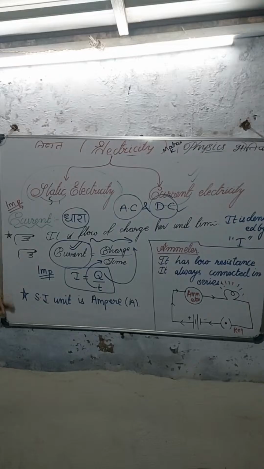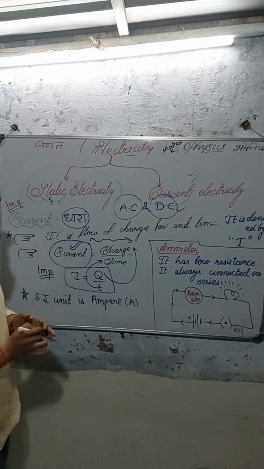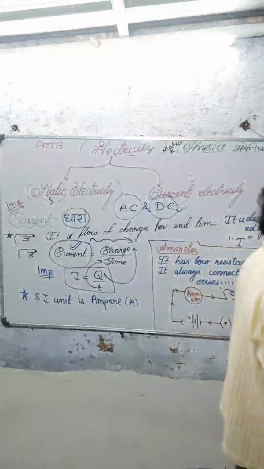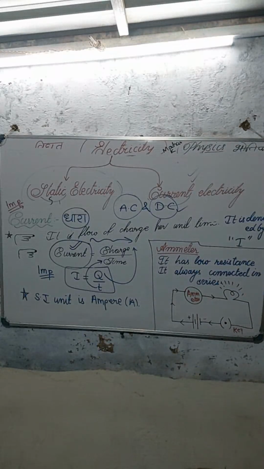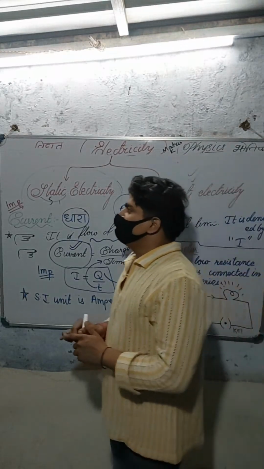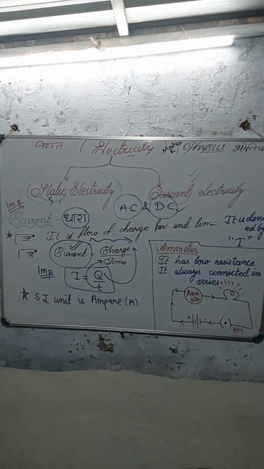SI unit is ampere. Current is always measured in the form of ampere.